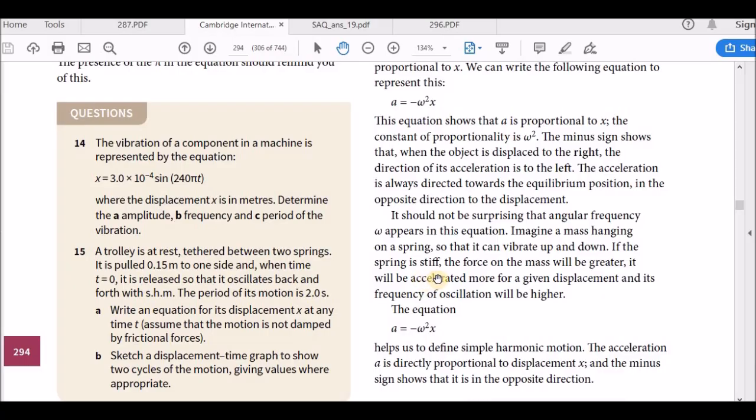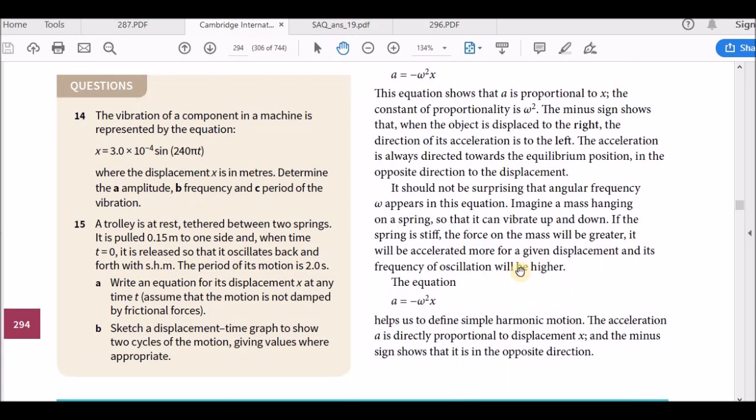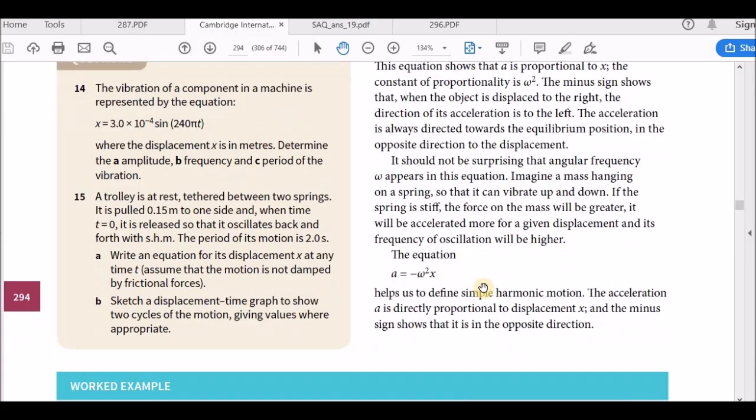If the spring is stiff, the force on the mass will be greater. It will be accelerated more for a given displacement, and its frequency of oscillation will be higher.